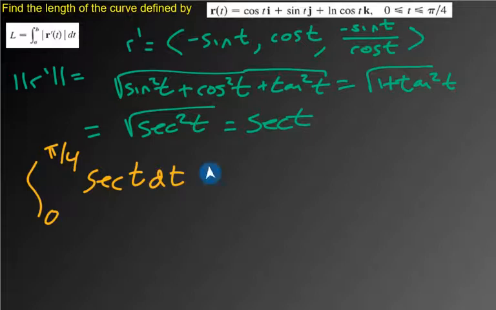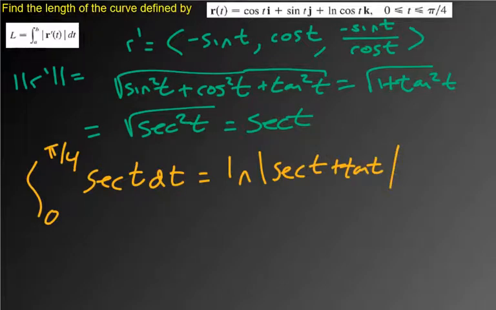If you look it up in the table, it is just natural log of the absolute value of secant t plus tangent t, and then we're going to evaluate from 0 to pi over 4.